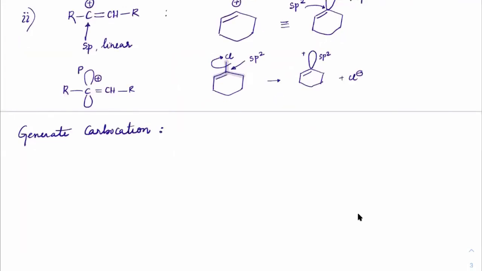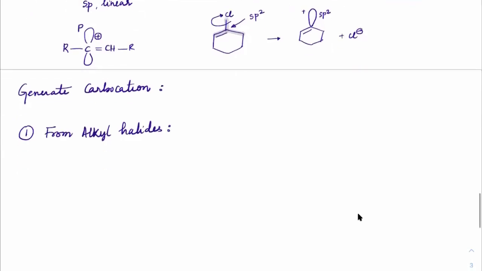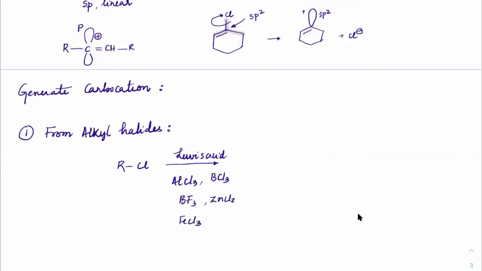First, we will generate the carbocation from alkyl halides. Because halides are more electronegative elements, when they leave they will always give a heterolytic fission. For example, if you take RCl and treat it with any Lewis acid, meaning molecules which have empty orbitals, like AlCl3, BCl3, BF3, ZnCl2, FeCl3, these are all Lewis acids.